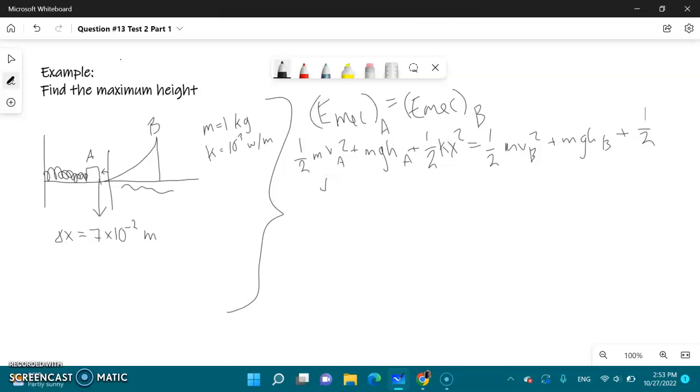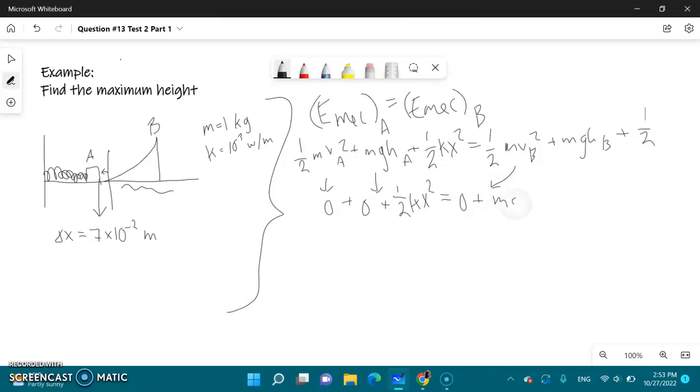And then we already know that this is going to be 0, since the initial velocity is 0 in this case. And then we also know here that it will also be 0. And we remain with the spring term, half k x squared. And then once again, we know that this is 0 because of the velocity.